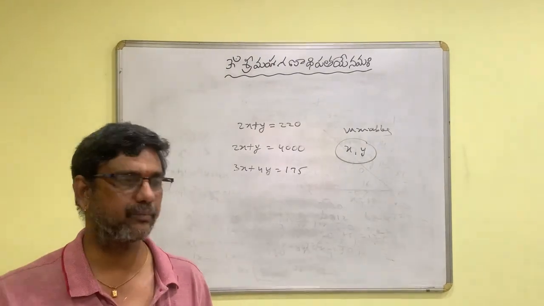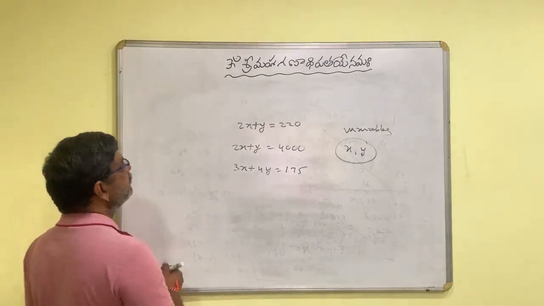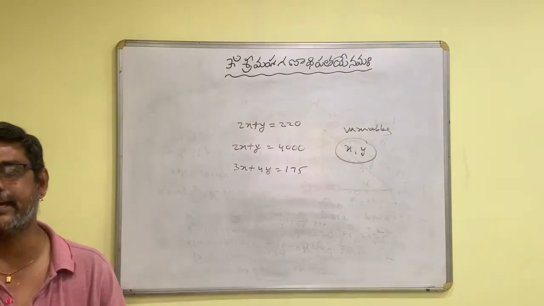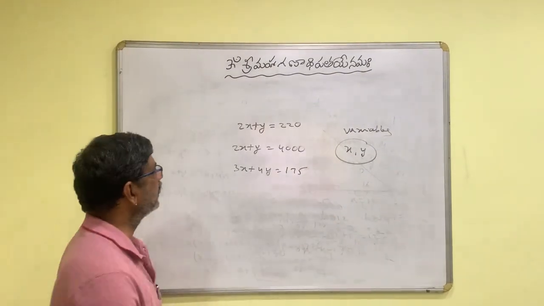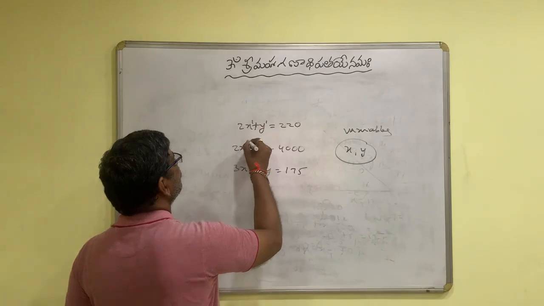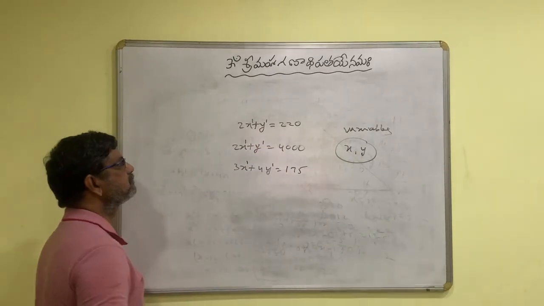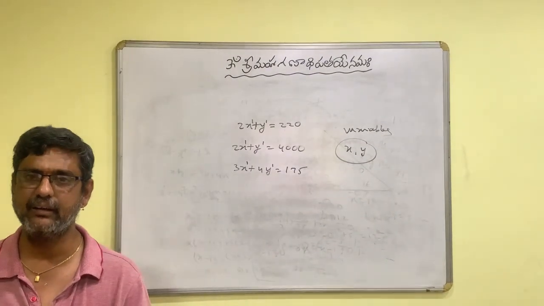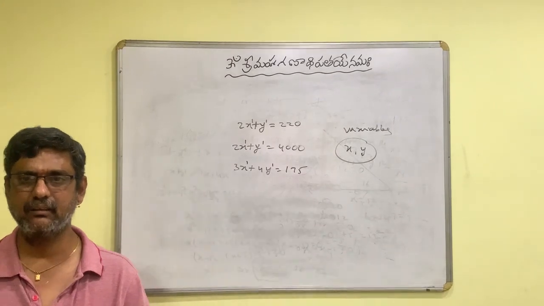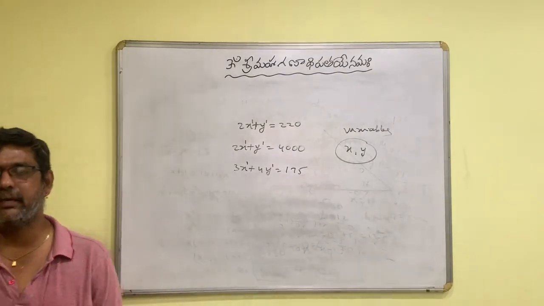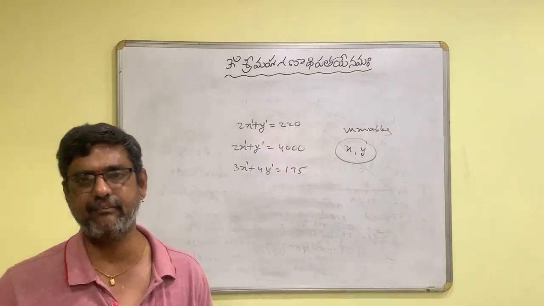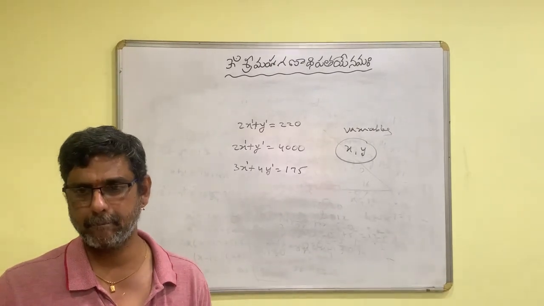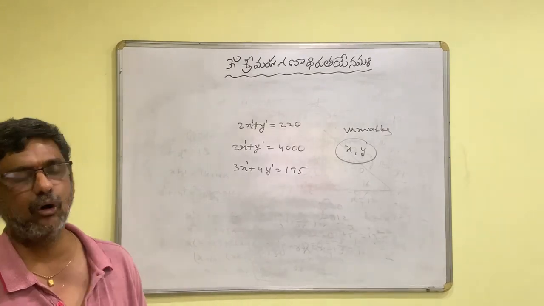Now if you observe the exponents on the variables in all the three equations, the exponent on each and every variable is 1 only.